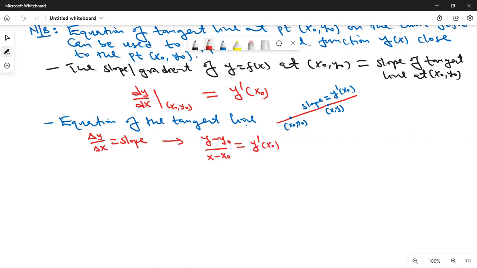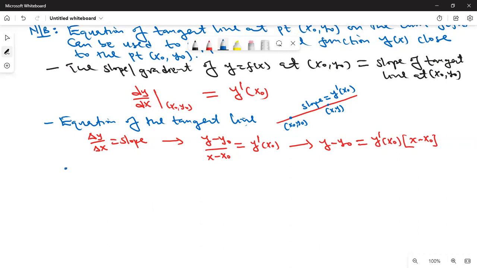If you cross multiply, you get y minus y naught is equal to y prime at x naught times x minus x naught. So therefore, you can now make y the subject.